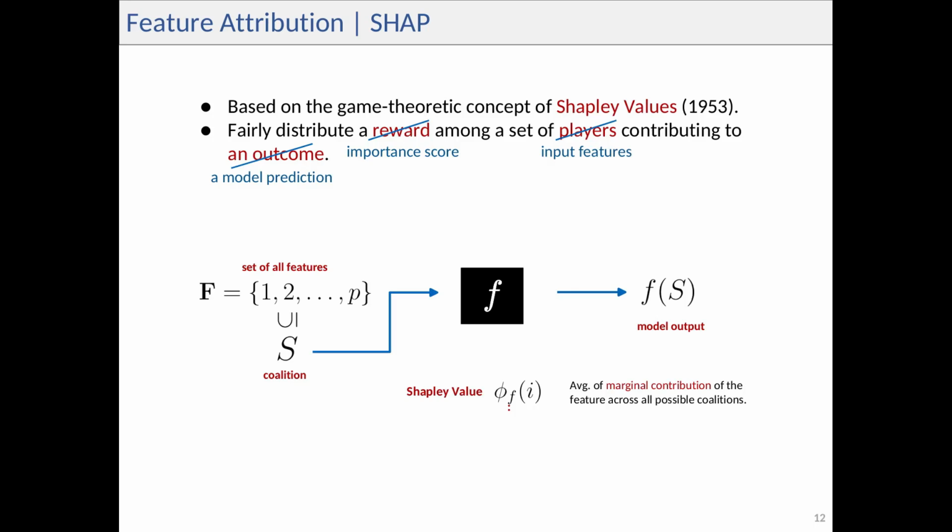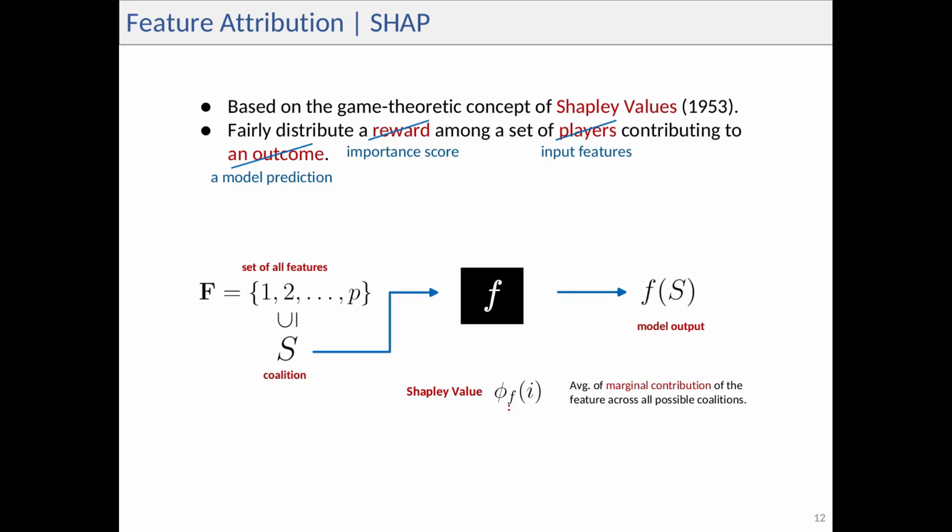Now, in the machine learning setting, the reward is an importance score, which is what we want to attribute for feature attribution. The set of players is going to be a set of input features that are contributing to an outcome, aka for us, the model prediction. And Shapley values are calculated on coalitions.